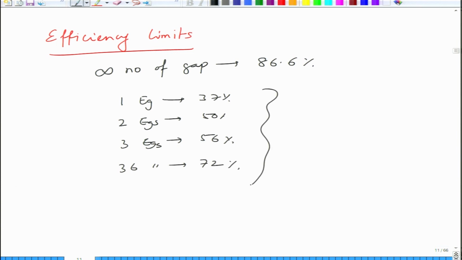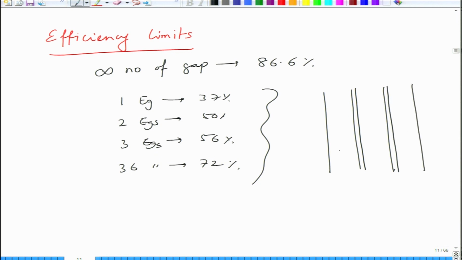So you can increase this number very close to the limit, and generally the way it is stacked is, you have the first junction, then you have a separator, then you have the second junction, then you have a separator, and then again. So this is how. If your light is coming from this side, let us say this is EG1, this is EG2, this is EG3, and so on.